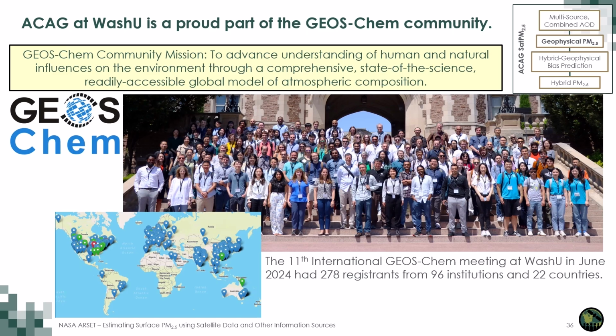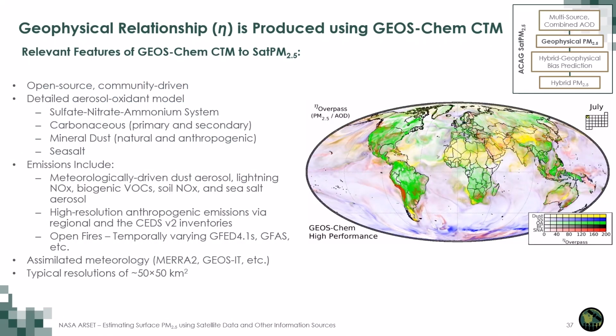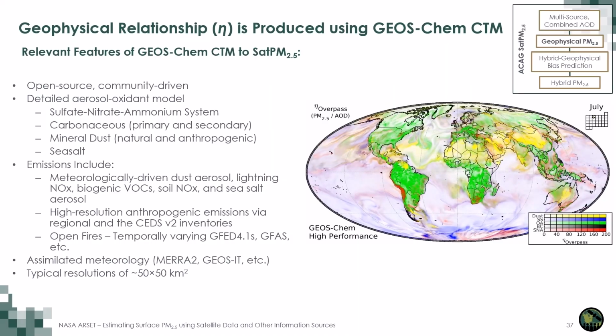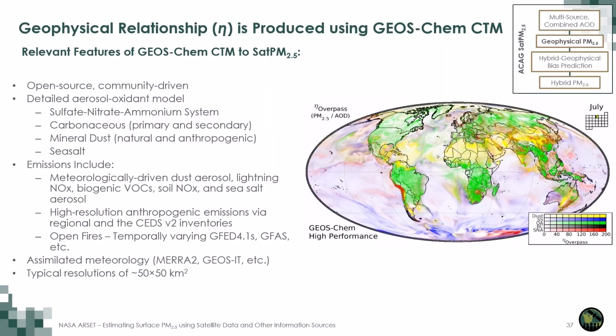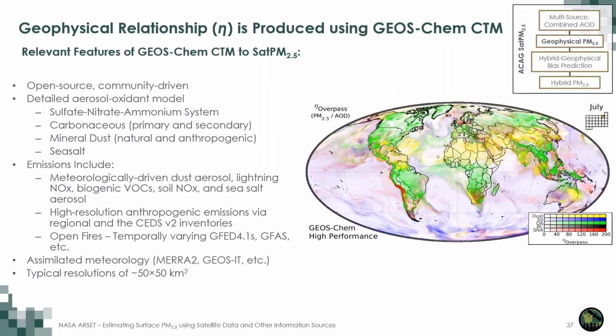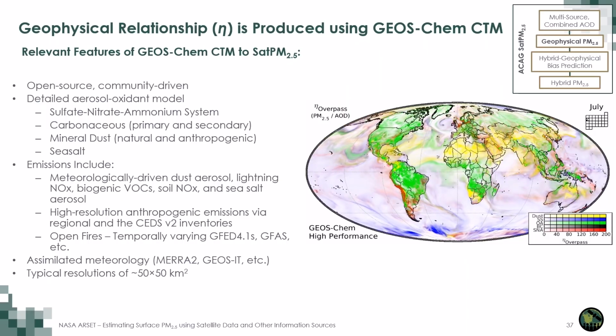It is continually developed and maintained by an international host of scientists, many of whom are shown in this photograph taken 2 years ago during the biannual GEOS-Chem meeting, and from the map below which shows the locations of various GEOS-Chem contributors. For our particular purposes, representing the aerosol-driven geophysical relationship between AOD and PM2.5, it is particularly relevant that GEOS-Chem is open source and community-driven.